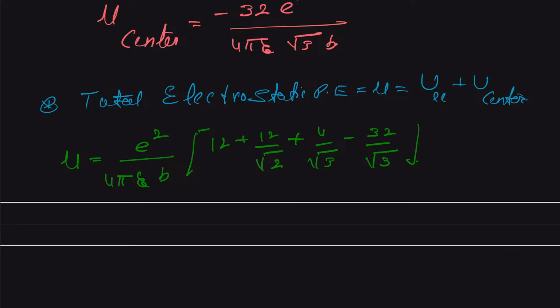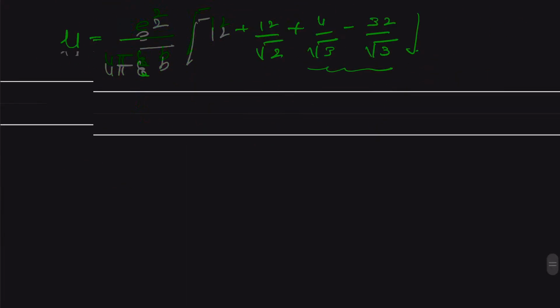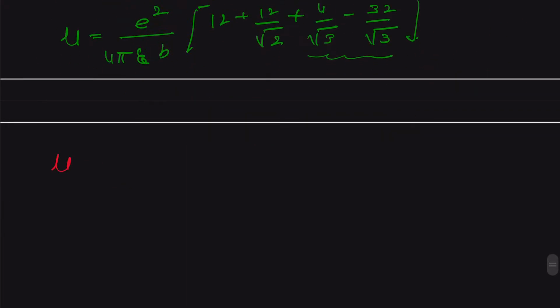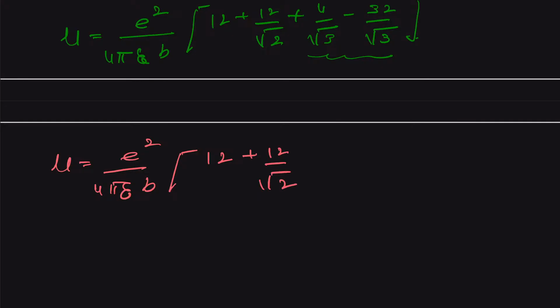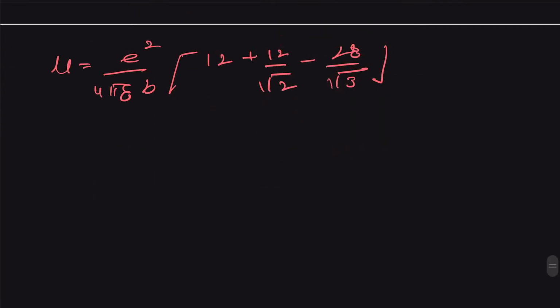And we can just combine these two terms, and we get U will be equal to e square upon 4 pi epsilon naught times B, and this comes as 12 plus 12 upon square root of 2 minus 28 upon square root of 3, and we can write in terms of decimal also.